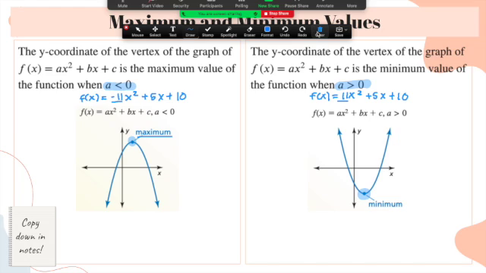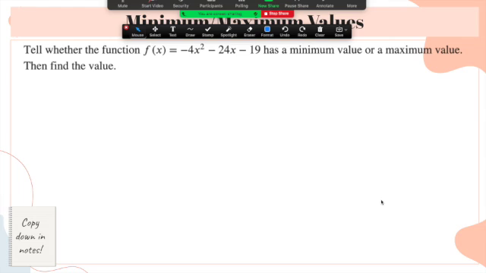Now this is only identifying if we have a maximum or minimum value, but it doesn't actually tell us what the value is yet. So to find out what the value is, we need to find out what the vertex is first. So let's say that, for example, right here we have the function f of x equals negative 4x squared minus 24x minus 19. I want to first start off by finding out what my a value, my b value, and my c value are.